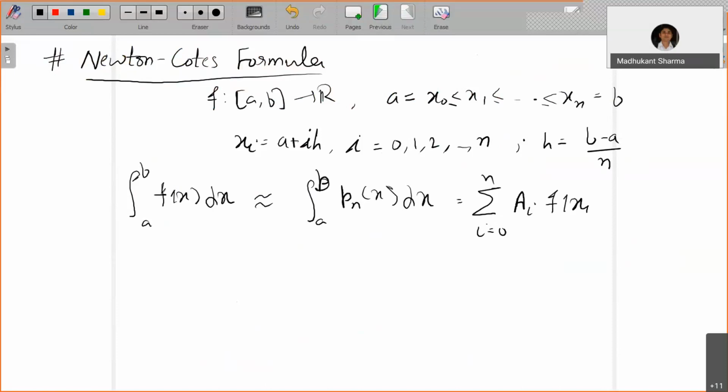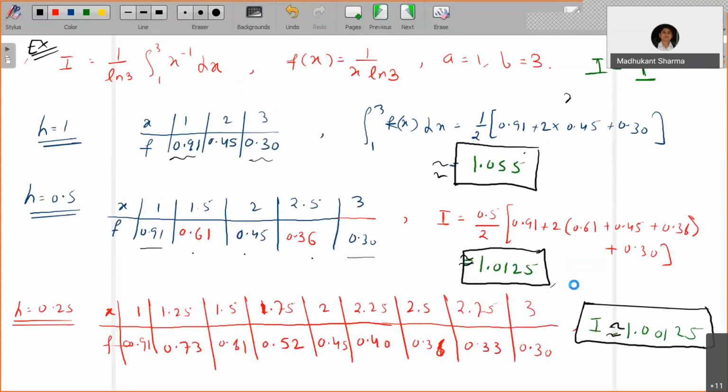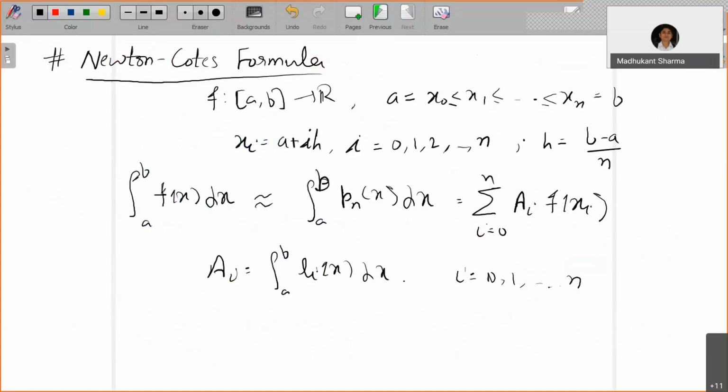What was ai? ai is the integration a to b of li of x dx, with i equals 0, 1, 2, and so on. Okay, so this was the formula. From here only we are getting the trapezoidal rule, which we have just derived.